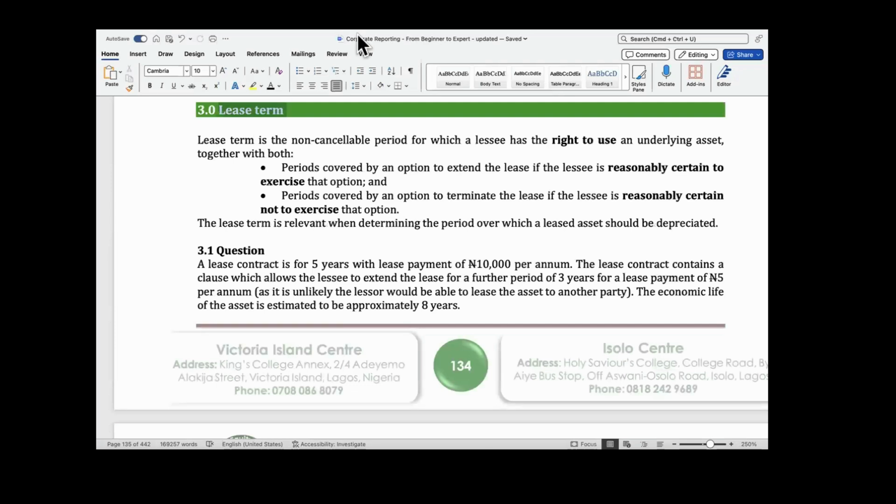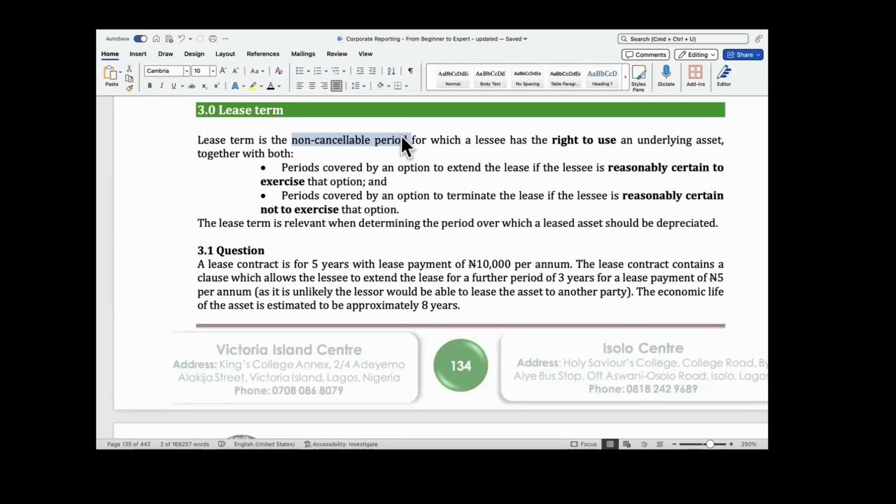The next thing is lease term. A lease term is usually a non-cancelable period. It's not a period we expect that you cancel.